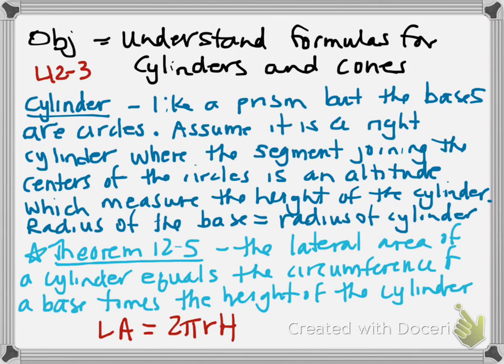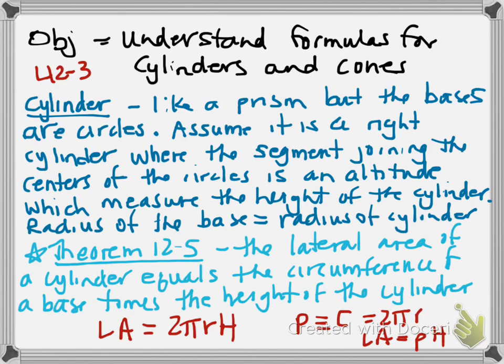So again, keep this in mind. Perimeter is like circumference, and that's where the 2 pi r comes from, to replace lateral area equals perimeter times the height, which was the formula for the prism. Okay, so they're very related formulas.